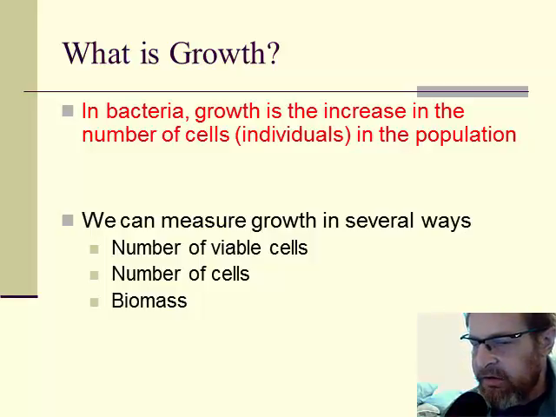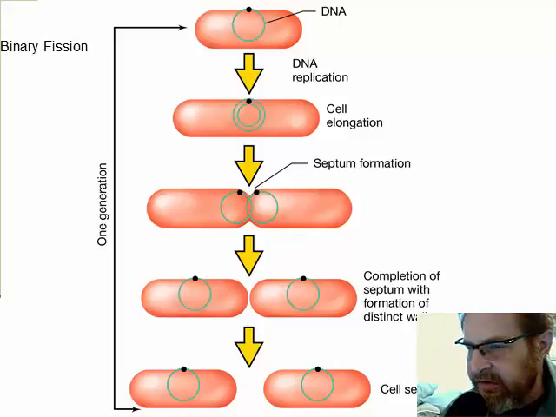Bacteria are always going to be going through this system of binary fission. And so you'll see at the top you have a single bacterium that has one single chromosome. Next, the DNA will get replicated, giving us two circles of DNA. They're two copies of the same thing.